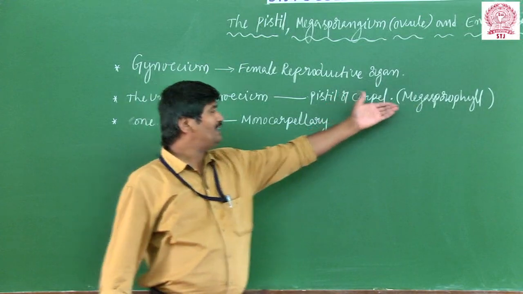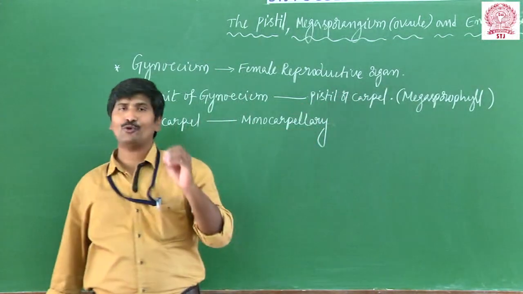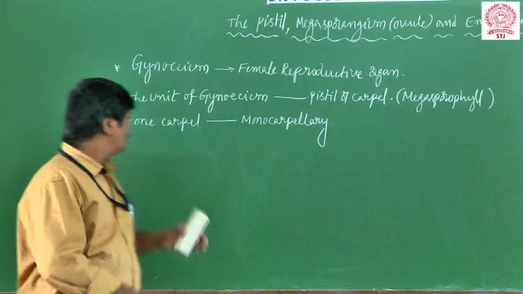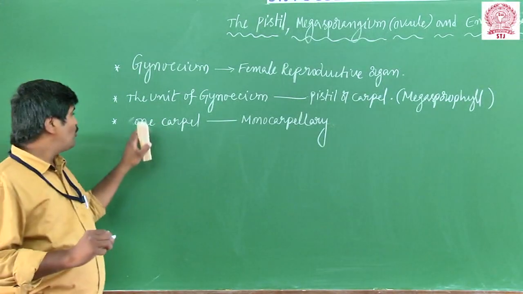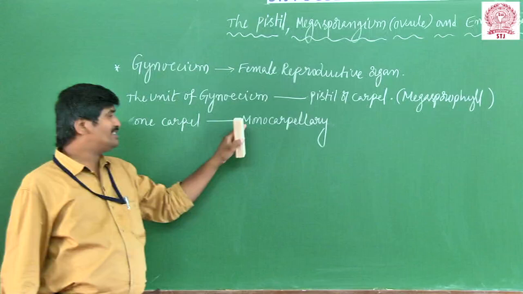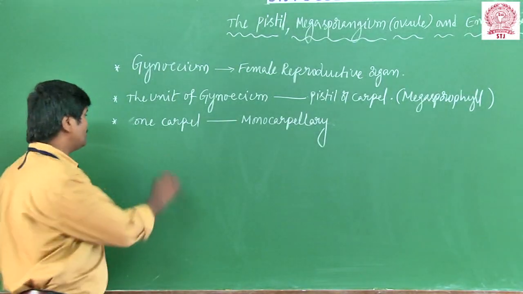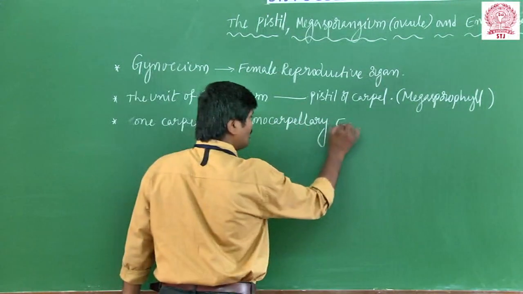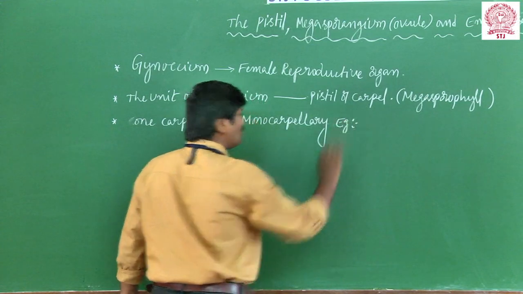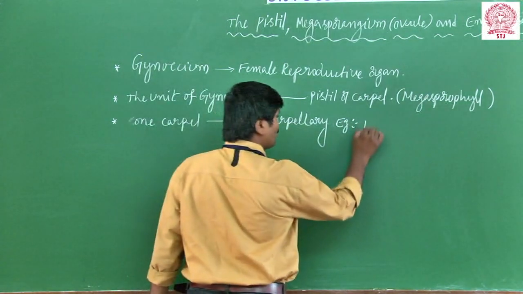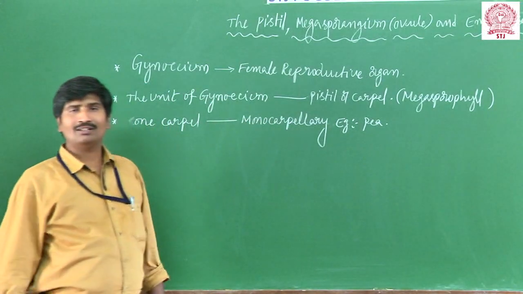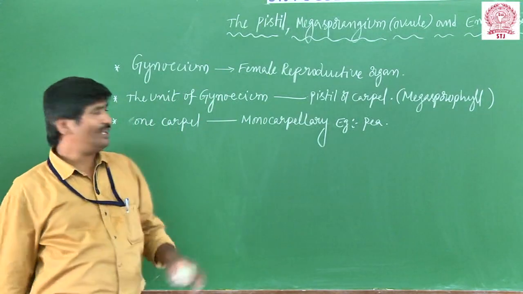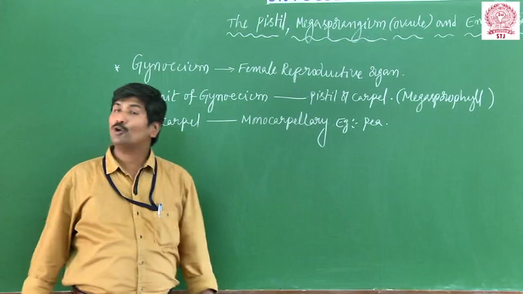Here the carpel is known as the megasporophyll. When the gynoecium consists of one carpel, it is monocarpellary. Example: pea. The pea plant belongs to the Fabaceae, so generally the Fabaceae family is monocarpellary.